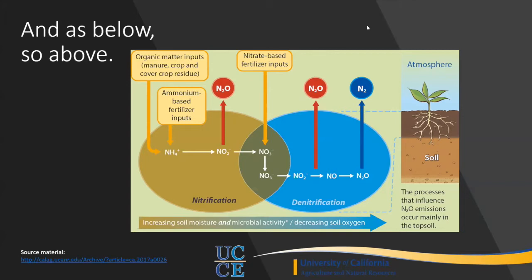And on the other hand, improvement of soil drainage, so reducing the amount of time that soils are saturated, can also reduce the amount of nitrate that is denitrified and lost to the environment in the form of nitrous oxide. Not only is this, of course, better for environmental quality, but better for economic viability of agricultural production, as less nitrogen is lost from the system and more is available to be utilized by the crop.